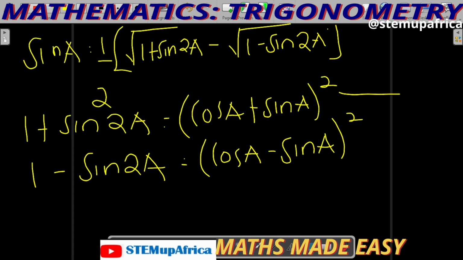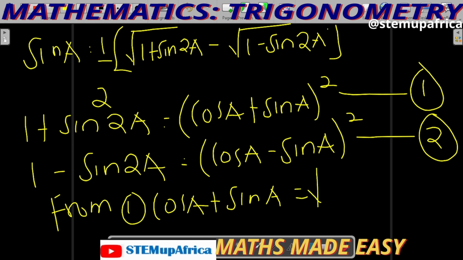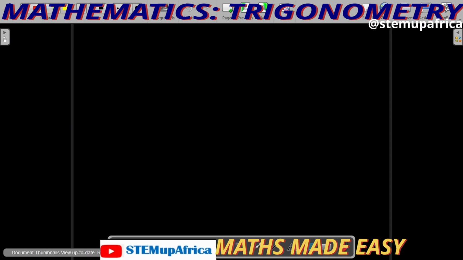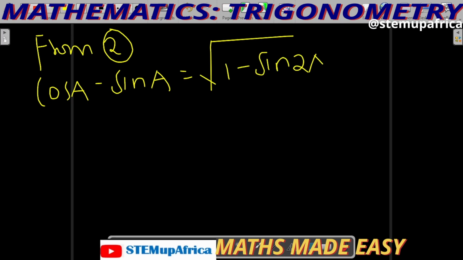Let's call this equation 1 and equation 2. So from 1, my cos A plus sine A gives me the square root of 1 plus sine 2A. Similarly, from 2, we have cos A minus sine A equals the square root of 1 minus sine 2A.